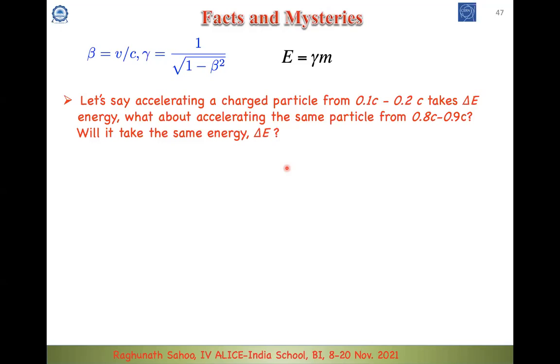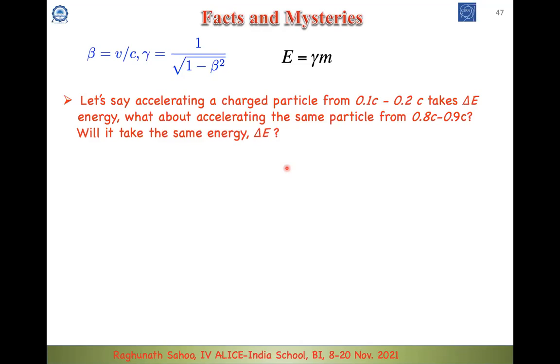Sir, actually, when you go to higher velocities, the mass of the particle is increased. So if the mass is increased, then you need more energy to accelerate it for a higher velocity. Yeah. So essentially, to answer this question, I should have put the relativistic mass formula or the plot as a function of beta.